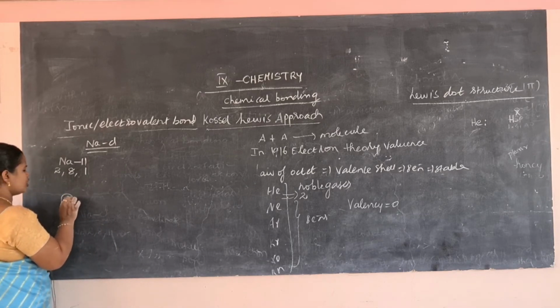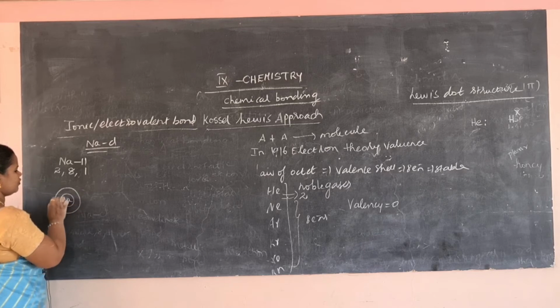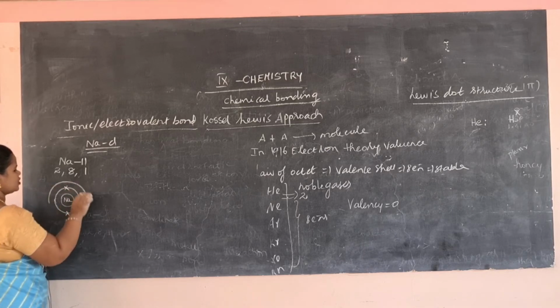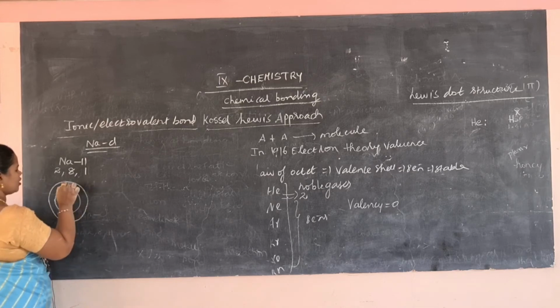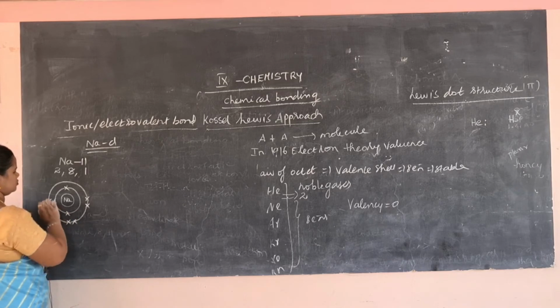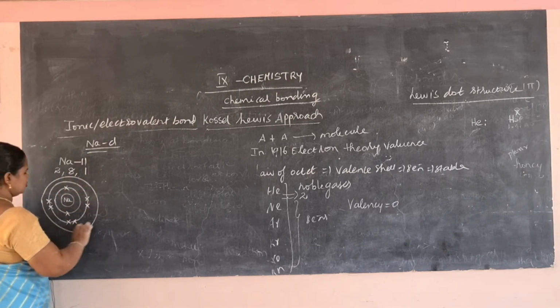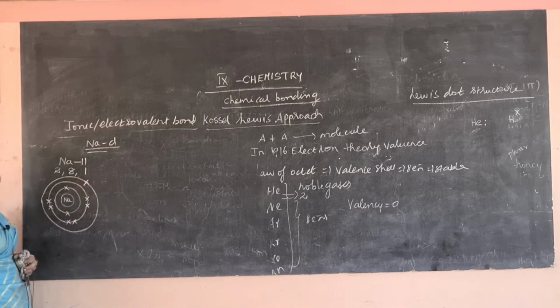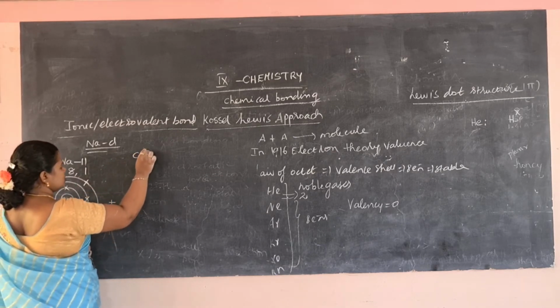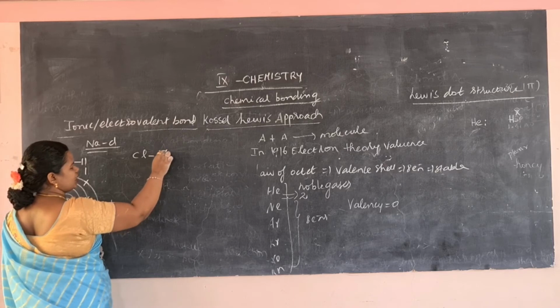So this is our sodium. In the first shell we are accommodating 2 electrons. Then in the second shell we are accommodating 8 electrons, and the last shell contains only one electron in excess, plus Cl. Cl, what is the atomic number? 17.